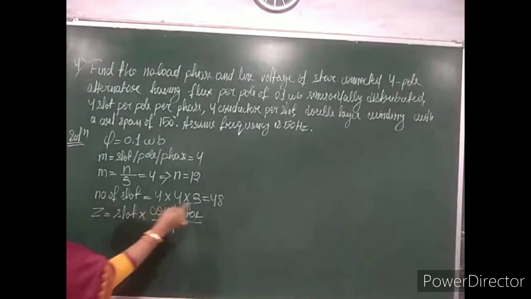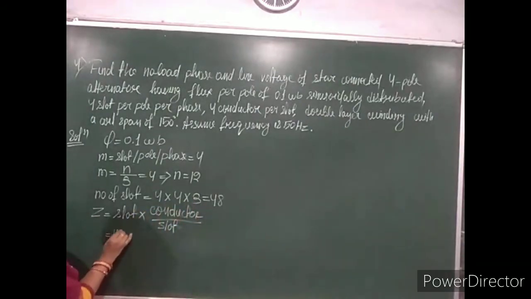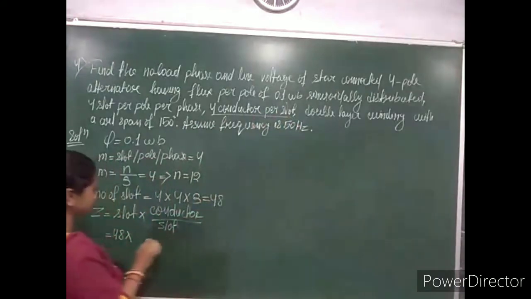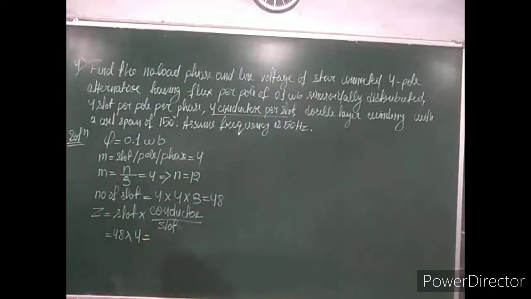So here number of slots is 48, we have calculated it, and conductors per slot is given as 4, which gives the result 192.